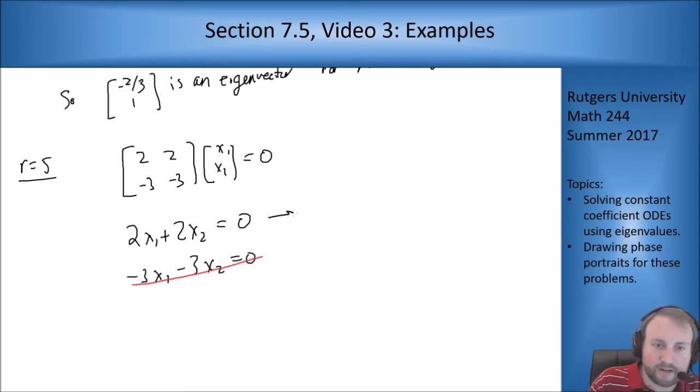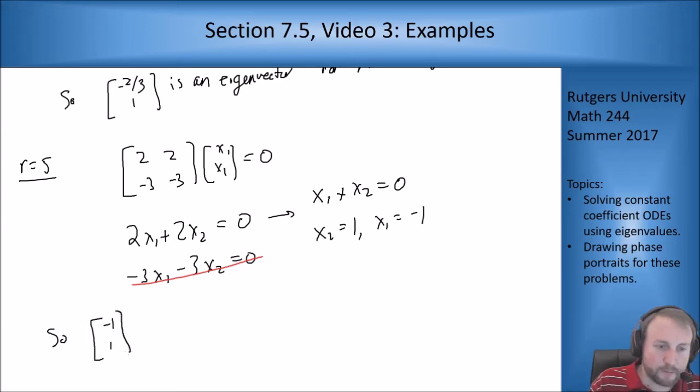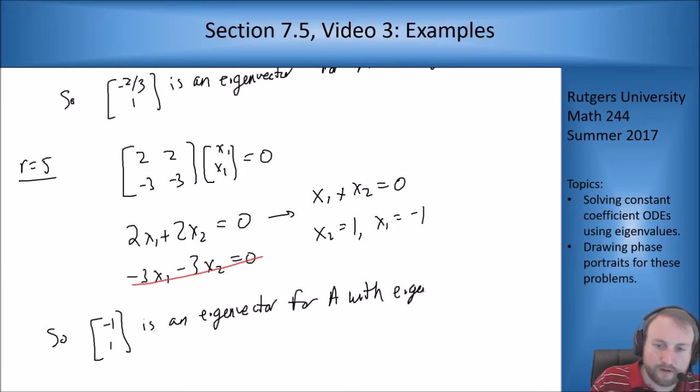So this tells me x1 plus x2 equals 0. So if x2 equals 1, x1 equals minus 1. So (-1, 1) is an eigenvector for A with eigenvalue 5. So I had one for 4 up here, one for 5 down here.